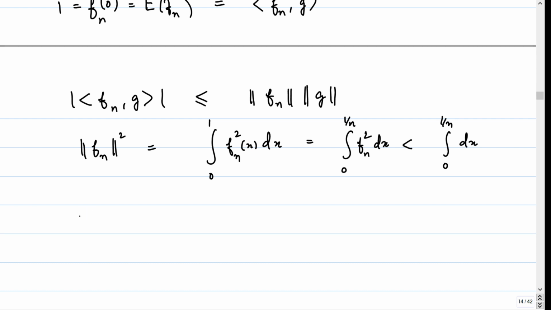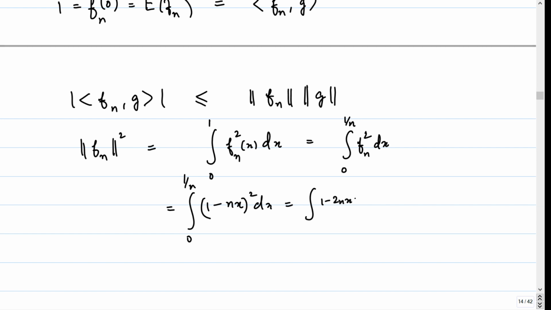Or maybe I can just compute it. Anyway, it doesn't matter, but for the sake of completion, let's compute it. What is this going to be? This is just going to be the integral of minus nx plus 1, which is 1 minus nx, the whole square, from 0 to 1 by n dx, which is equal to the integral of 1 minus 2nx plus n square x square, 0 to 1 by n.